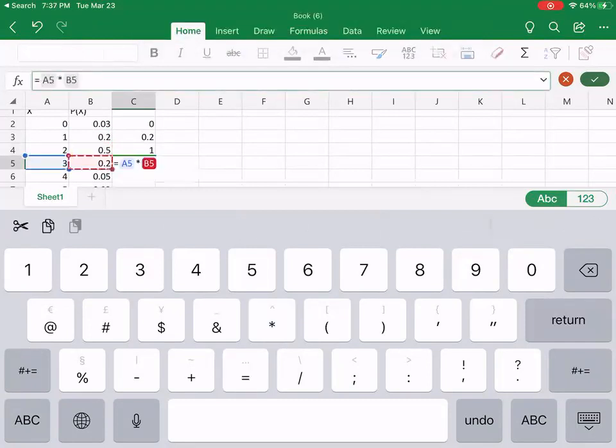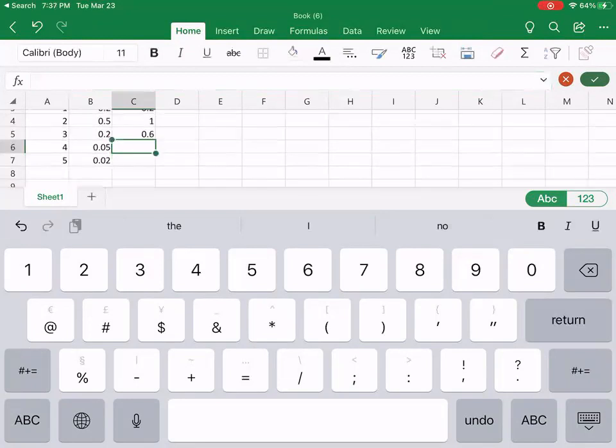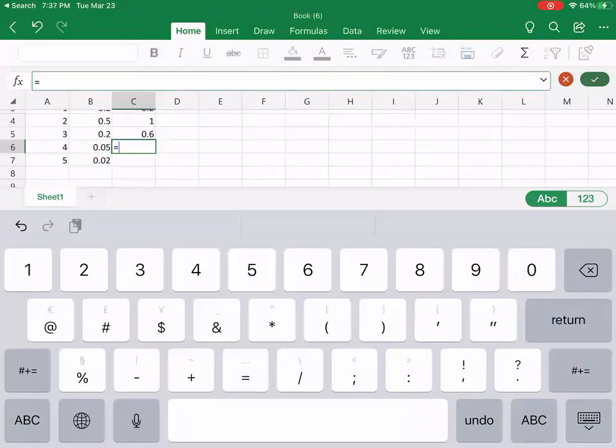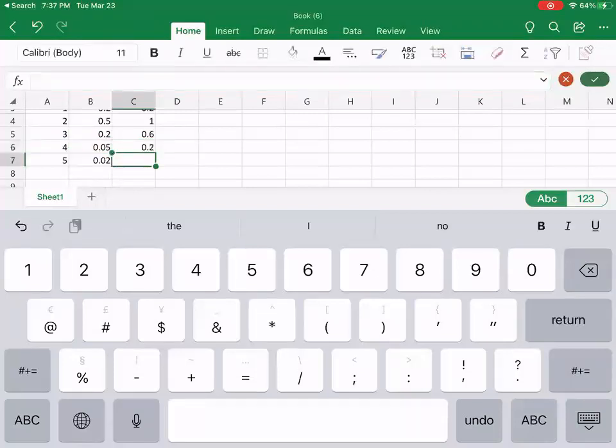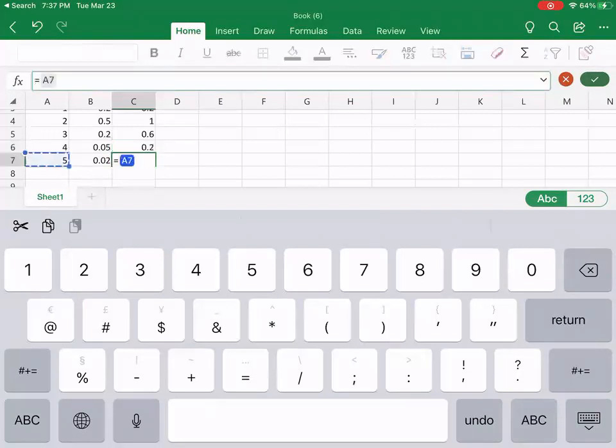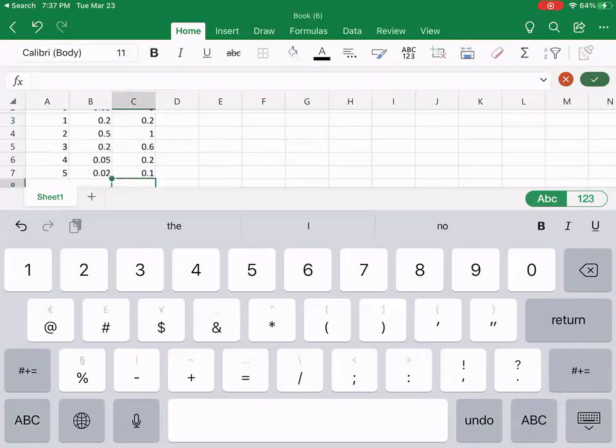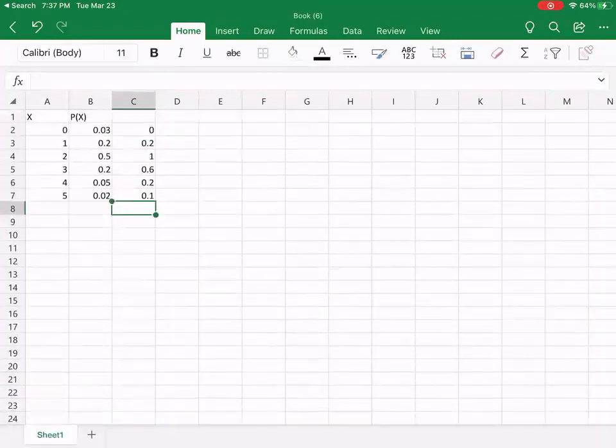If you're on your computer, you should be able to drag and fill. Mine isn't letting me do it for some reason. Is this one of those times where you have to put the dollar sign in front of it? Nah, it's just that I'm on my iPad right now because I was being lazy and didn't want to switch between both of them. I should have just done it on my computer. If I'd dragged, it would have worked.